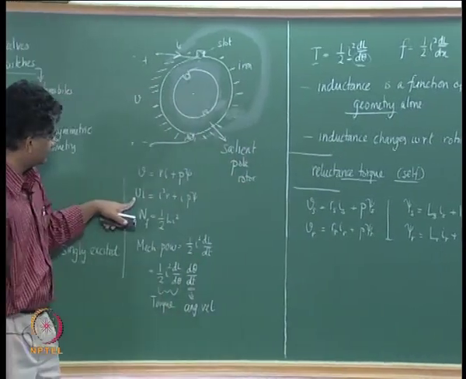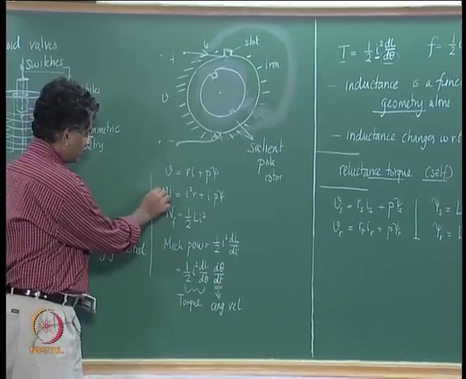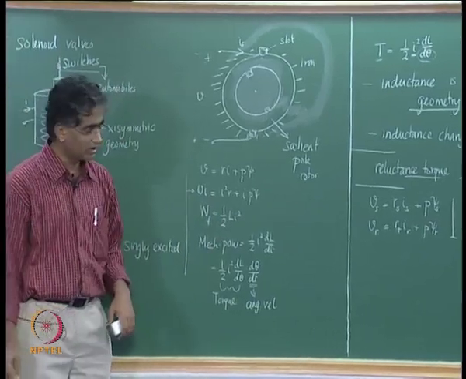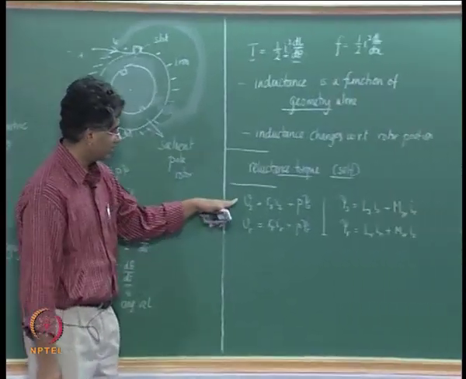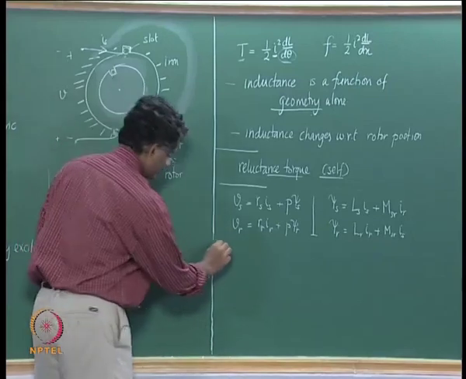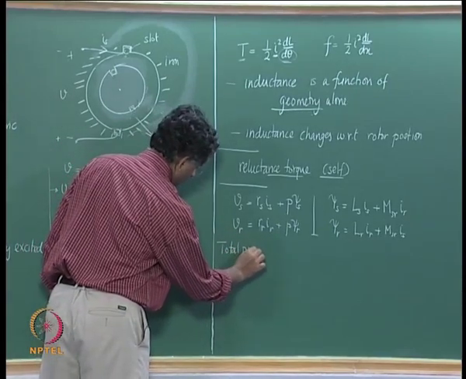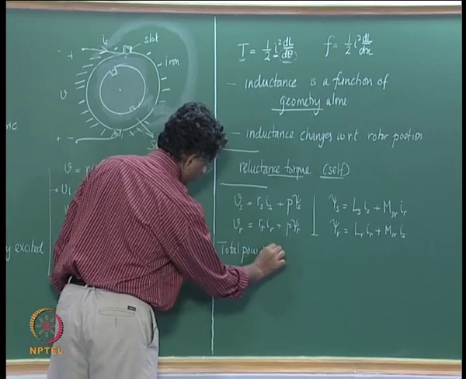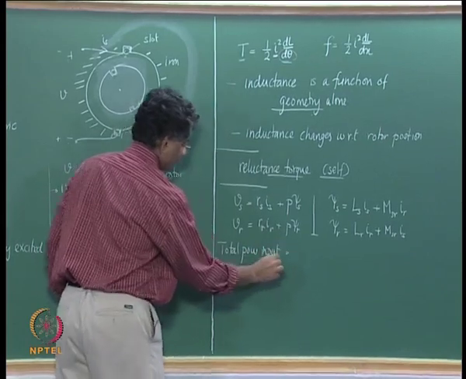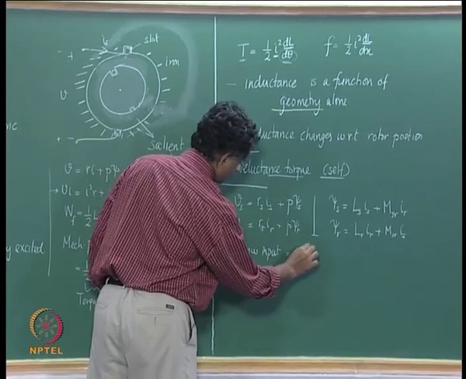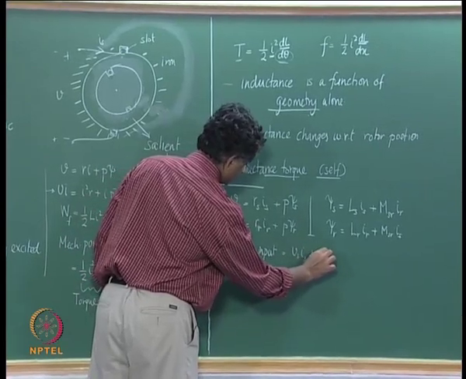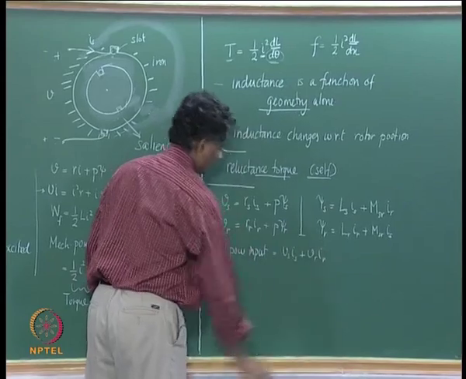The next stage is to find out how much input we are giving, V into I. Here again there is one stator coil, one rotor coil, therefore the total power input will then be given by Vs into Is plus Vr into IR.